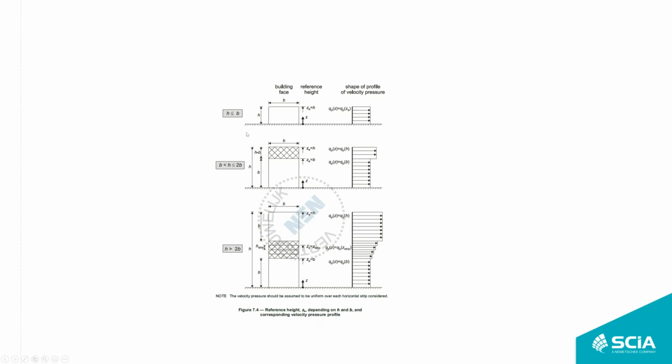So you have, let's say, three basic types in the case of the building height. If the height is below the width of the building, or if it's in the interval between the width and two widths, and then if the building is significantly higher than it is wide.